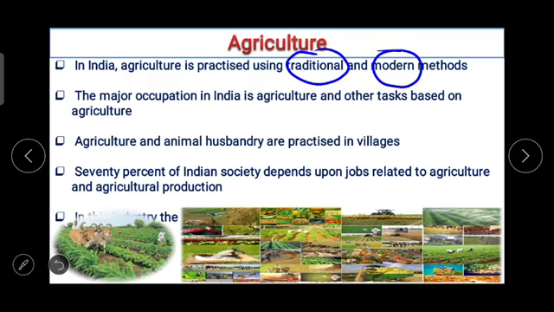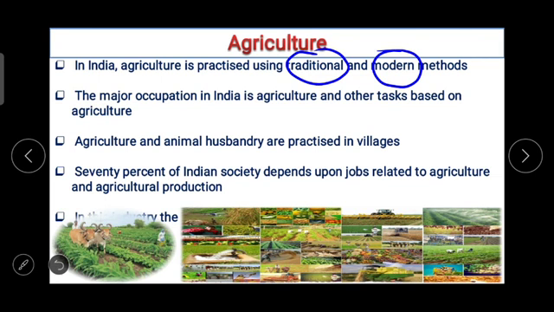And if we talk about modern methods, then just now we talked about the automobile industry and how the tractor is important in the automobile industry. Like that, it is important in agriculture also, because nowadays a number of things are practiced by using tractor in agriculture.